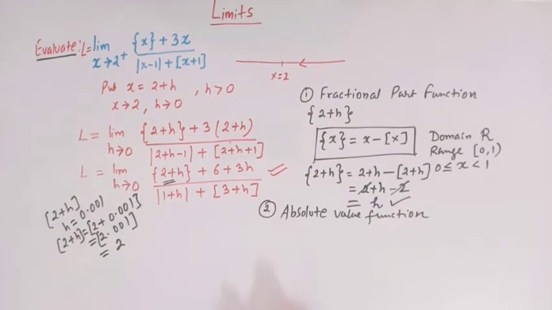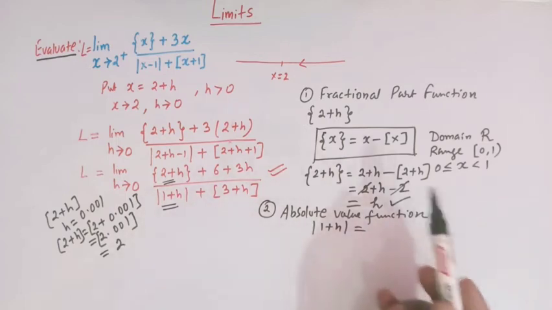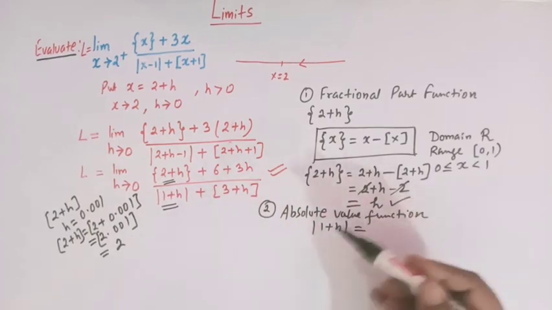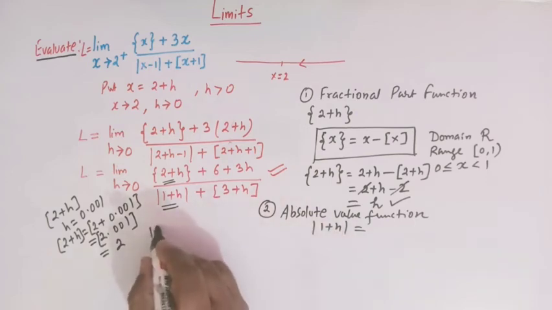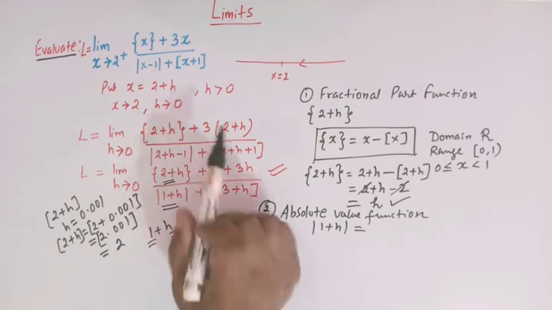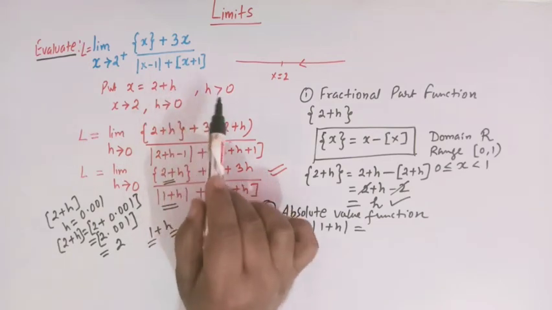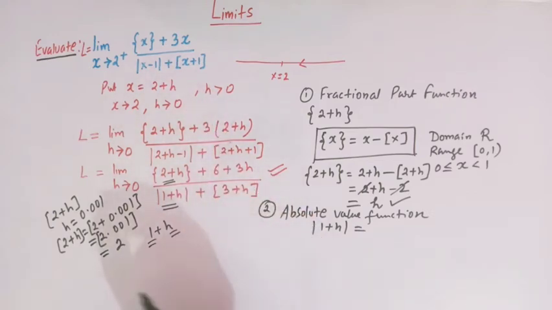Now let us take the absolute value function, right? So here we have the mod of 1 plus h, right? So viewers, here we are taking each concept step by step, and inside these two vertical lines we have 1 plus h, right? Now 1 is a positive quantity, and h is greater than 0, so h is also positive.